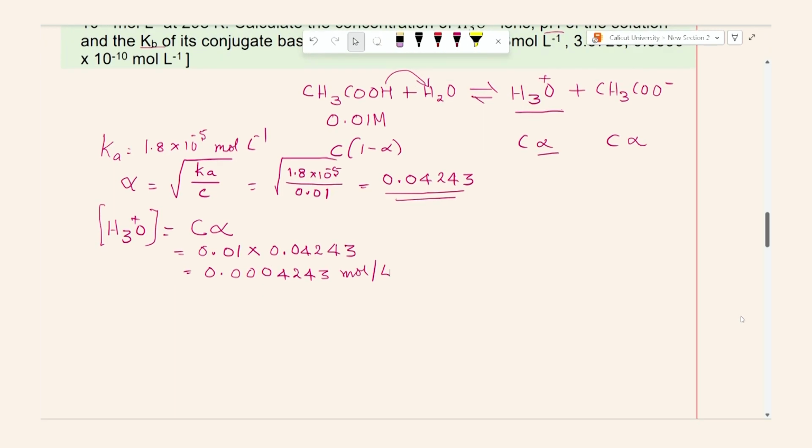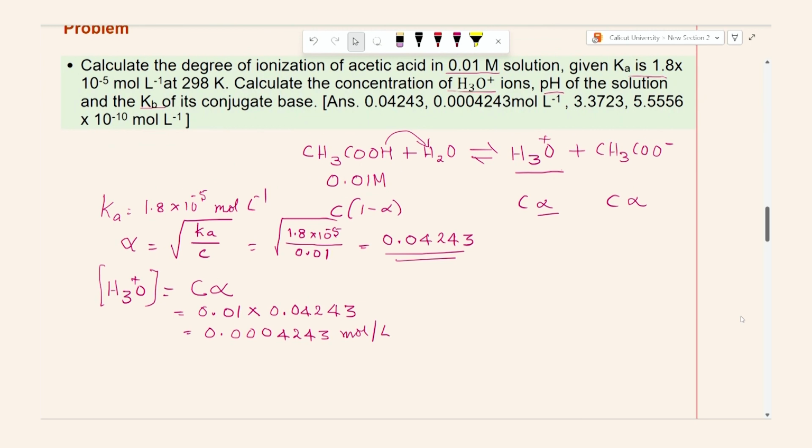Next, we are supposed to find the pH. How will you find the pH? Just take the negative logarithm. pH is equal to negative logarithm to the base 10 of the H3O plus ion concentration, and that is equal to minus log to the base 10 of the concentration, 4.243 into 10 to the power minus 4.